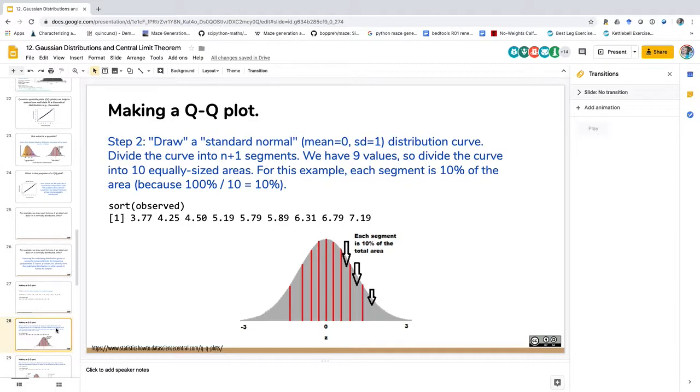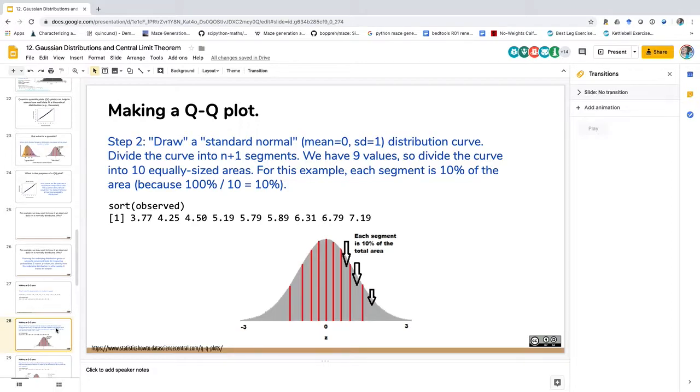Then what we do behind the scenes is we break up this standard normal curve into the same number of ranges, such that each range has the same area under the curve. So we break up this standard normal into, say, 10 different ranges. And what's beautiful about the Gaussian distribution is that when we have those ranges, say range 1 goes from z negative 3 to z whatever that would be, maybe negative 1 point something, we can directly compute what the area under the curve is for that part.